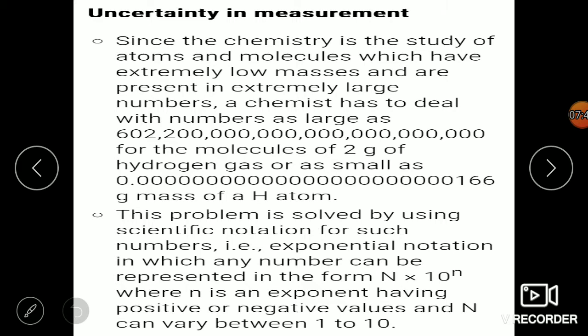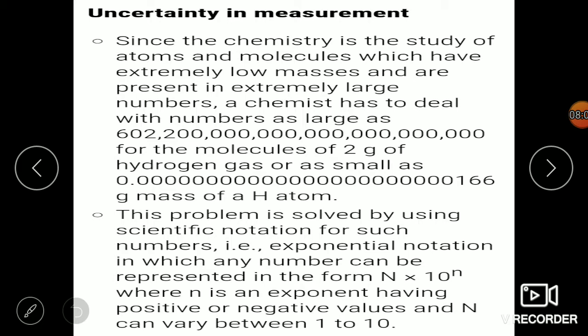Next topic, uncertainty in measurement. Here we'll learn about scientific notation, okay. Now see, in the study of chemistry you have to deal with atoms and molecules, and you know that atoms or molecules are very small in size, even their masses are very small.